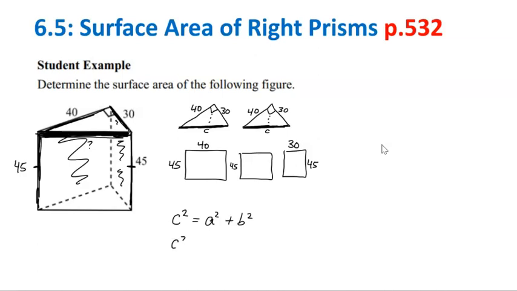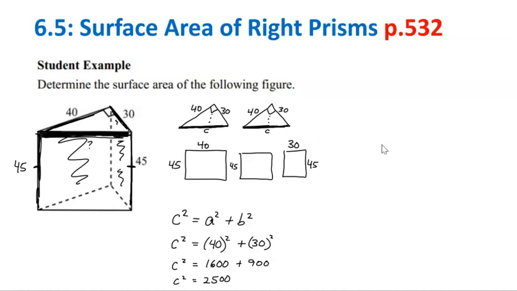So c squared is equal to one of the sides, let's say 40 squared, plus the other side, which is 30 squared. And a and b, it doesn't matter which sides you assign. They're just a and b. So c squared is equal to 1,600 plus 900, which is 2,500.